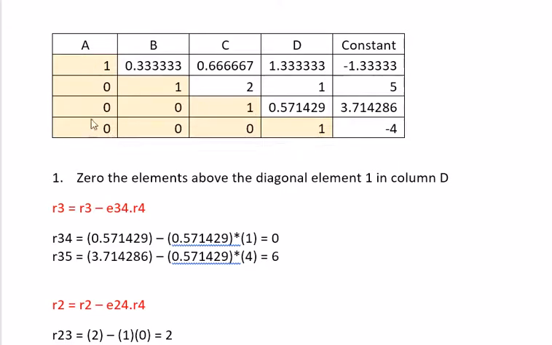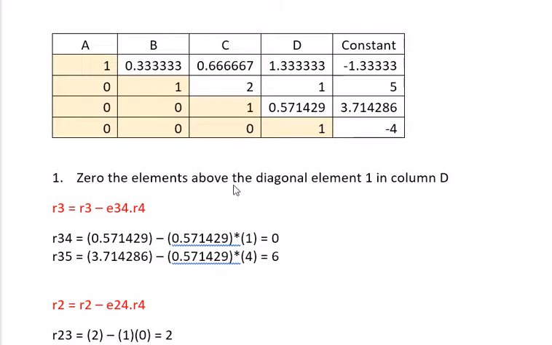That means we will not be doing anything with those values since we have already achieved our first goal, that is to make these elements zeros. So for the rest of the solving, we will not be touching these elements. Instead, we will focus on the upper triangular elements.